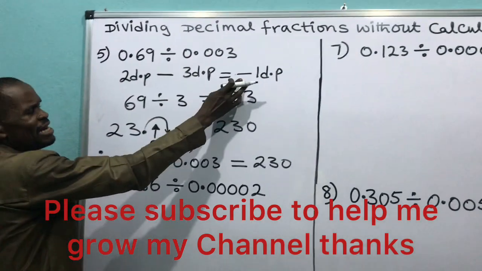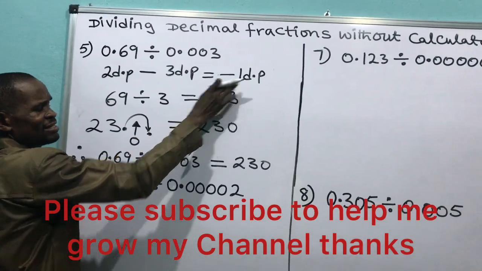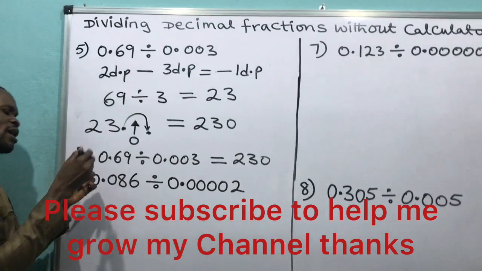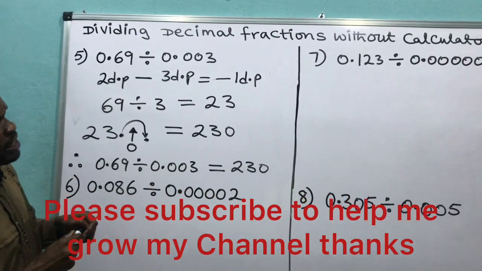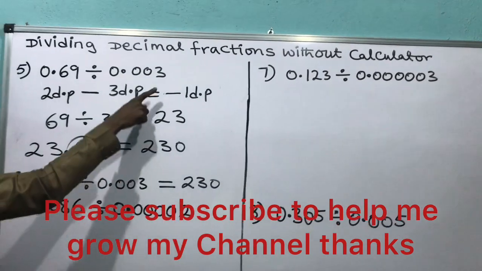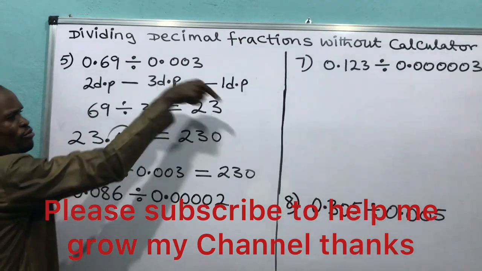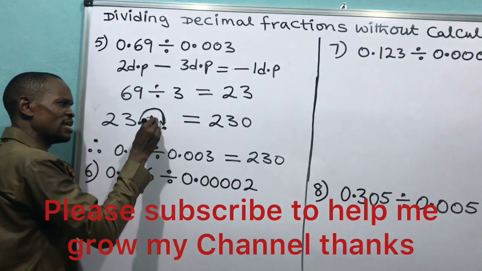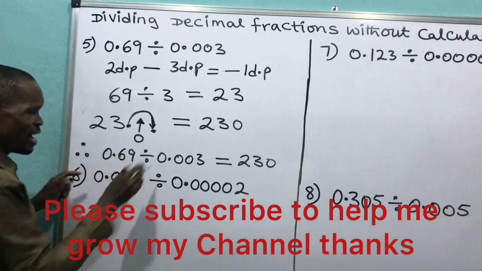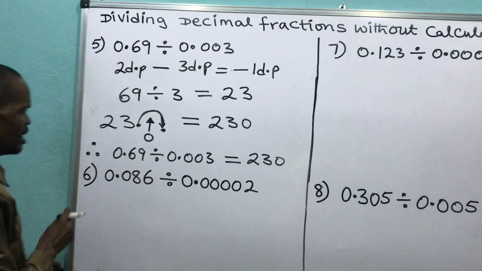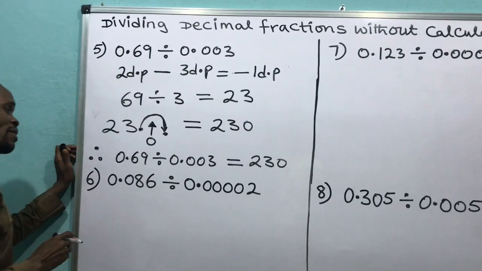When the decimal places are negative, I return the point this way instead of that way. The ones we have been doing had positive decimal places, therefore we move in. But since the decimal places are negative, we move out. Have you noticed it now? The decimal places are negative, I move out 1, and I use a placeholder which we call 0 to represent it. That is our answer.